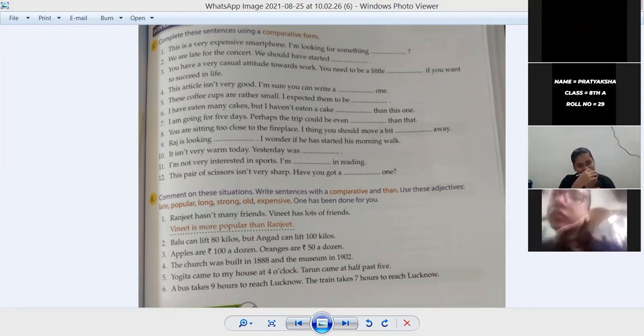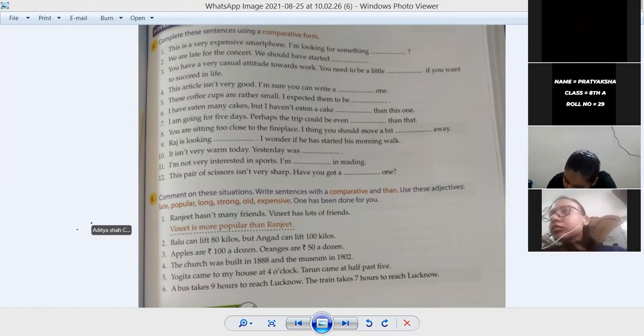Next one. Apples are 100 rupees a dozen. Oranges are 50 rupees a dozen. Apples are more expensive than oranges. Yes, apples are more expensive than oranges. Next one.